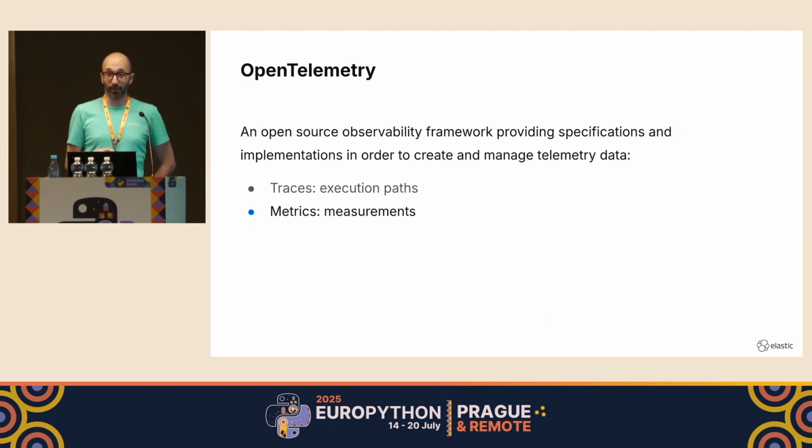Another kind of telemetry data we have in OpenTelemetry is metrics. Metrics are used to capture some measurement at runtime. For example, think of memory usage, CPU usage, but also something more business-oriented, like the number of requests, or the time spent serving these requests.